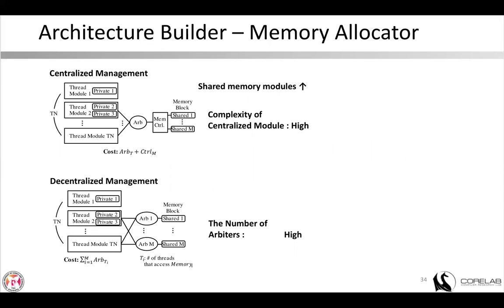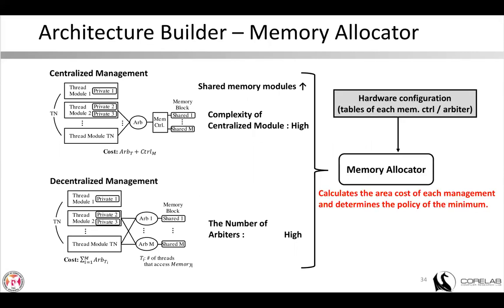DuroHS considers whether to manage memories shared between threads in a centralized or decentralized manner. DuroHS calculates the area cost of each memory management and determines the policy having the minimum area. Both management allocate a private memory, which is used by only one thread, without arbiter.